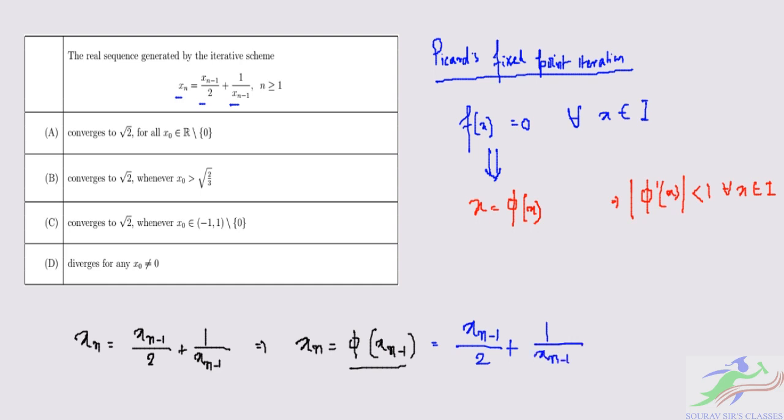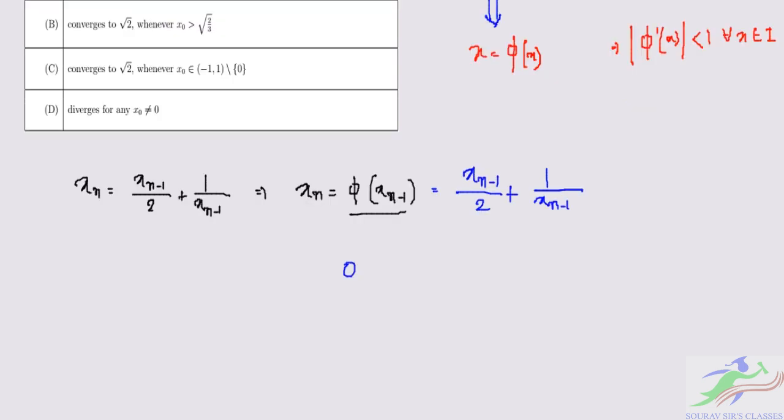So if we write it in terms of phi of x, phi of x is x/2 + 1/x.